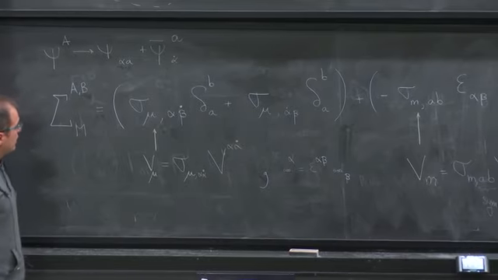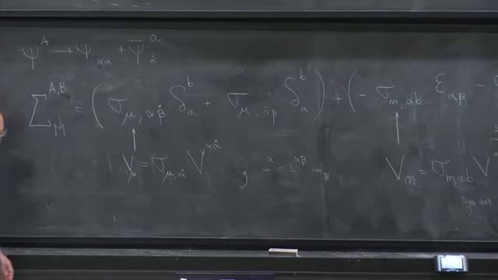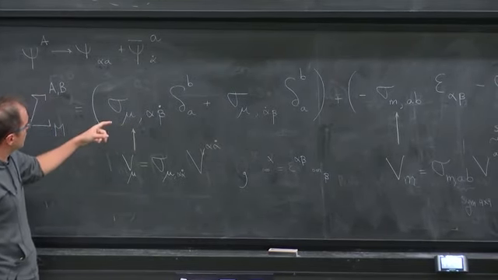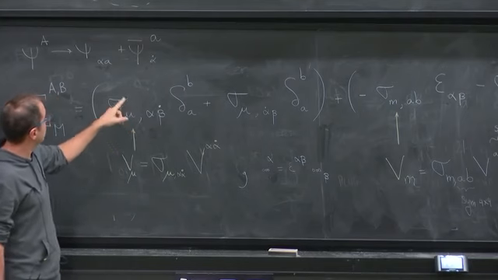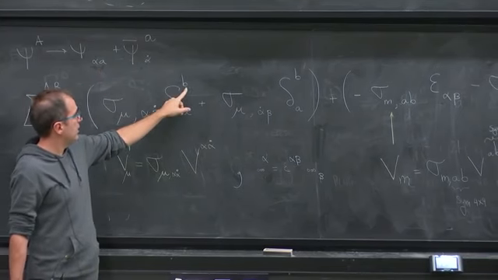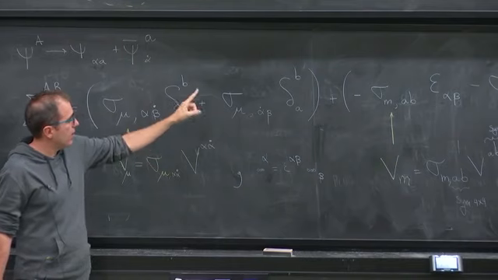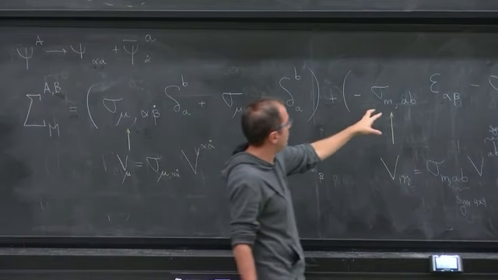And so let's digest a little bit this decomposition. Here you see that you have indices that can be A or B, can be up or down. If both are up, it's here.